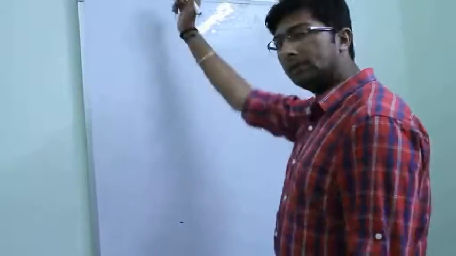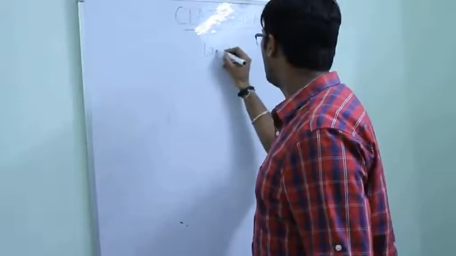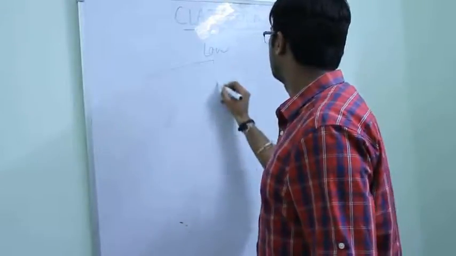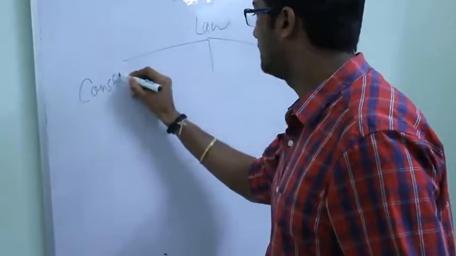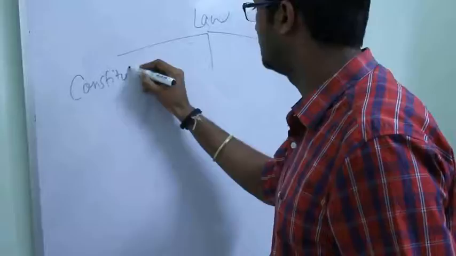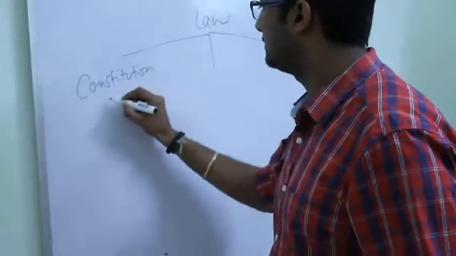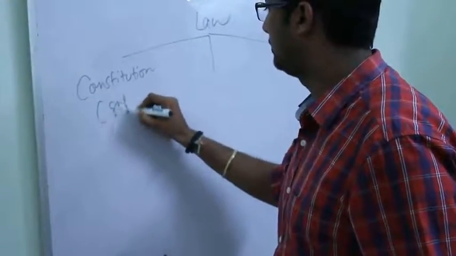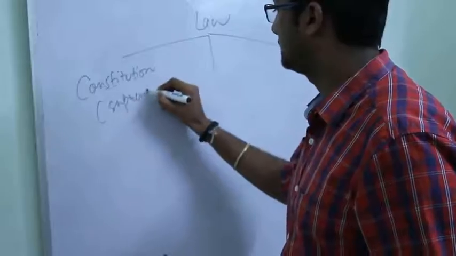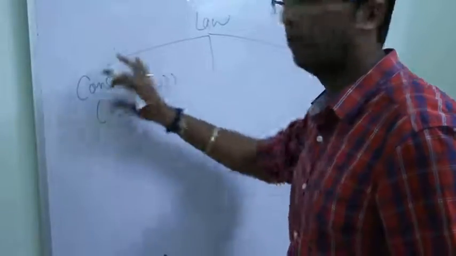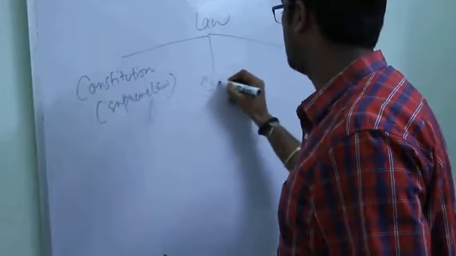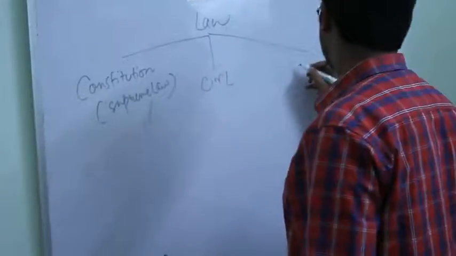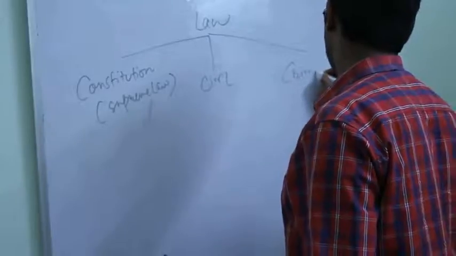Now we can divide law under three heads. Let us keep the constitution as a separate part, which is the supreme law, from which all other laws come into existence. Then there is civil law, and then there is criminal law.